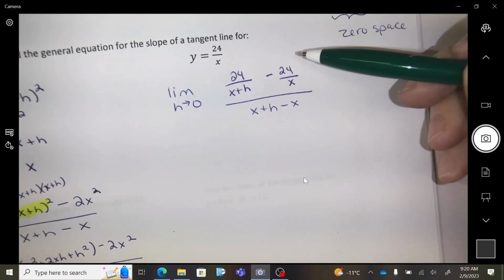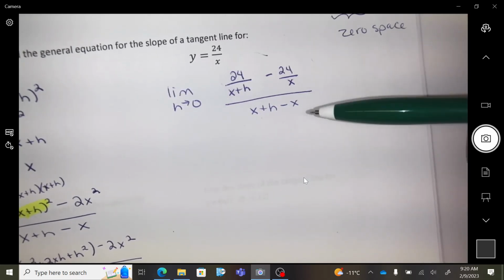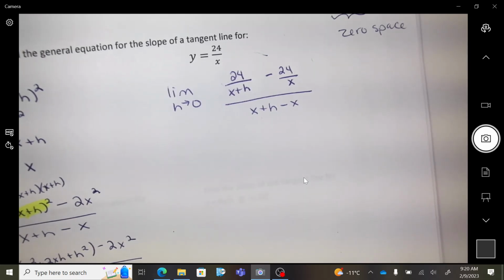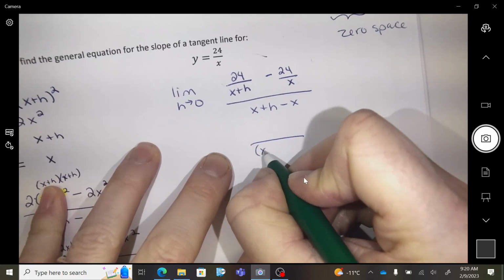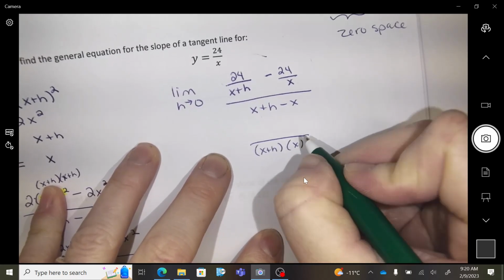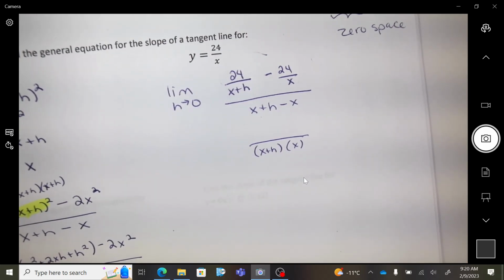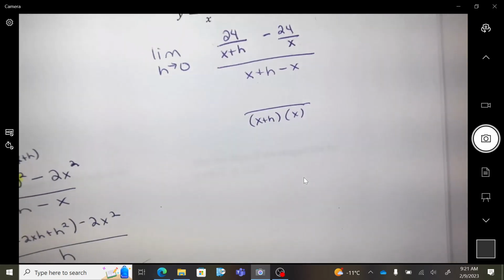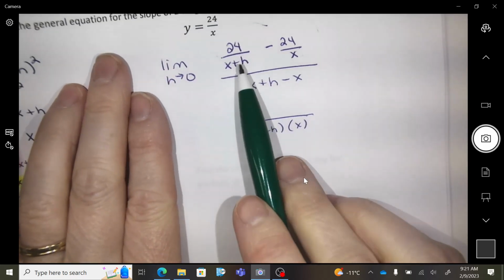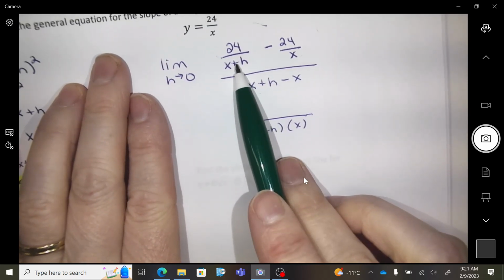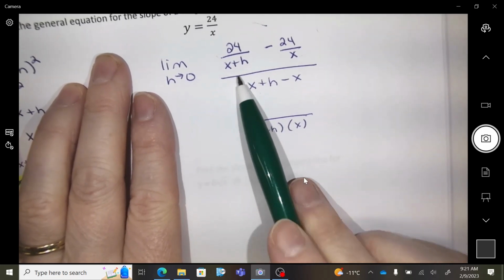Okay, what should we do to put two fractions together? Common denominator. So on that, I'm going to have to write the unit x plus h and the unit x to put them together, right? I need both of those things in my denominator. Okay, first fraction, what would I have to multiply it by to turn the denominator into that?